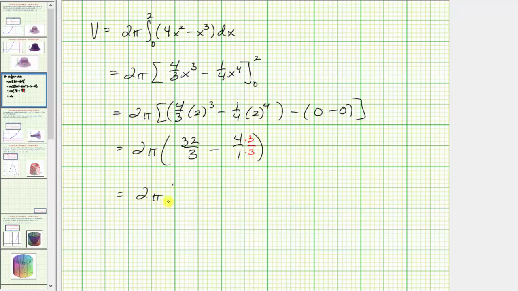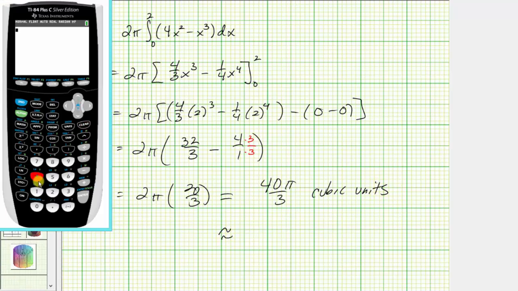So we have 2 pi times, here we have 32/3 minus 12/3, which equals 20/3. So the exact volume would be 40 pi thirds cubic units. Of course, we can also get a decimal approximation if we wish. 40 pi divided by 3 is approximately 41.8879 cubic units.